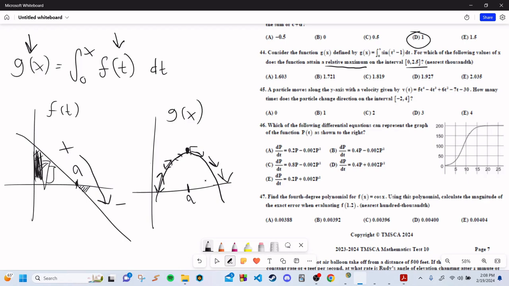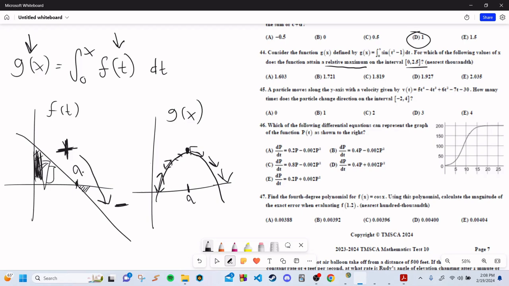And so that's the key insight here: wherever there's a relative maximum for g of x, at that same x value, we're going to see f of t cross from a positive y value to a negative y value.